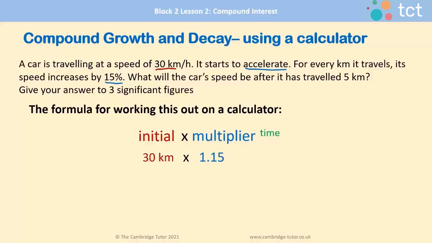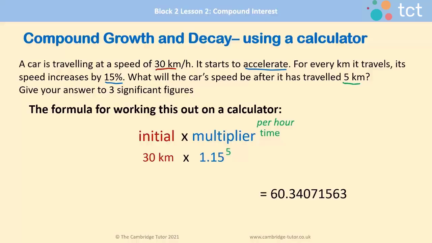With this kind of question, you just need to remember that it's talking about how many kilometres per hour. So the time is implied in that question. So for your power of time, you're thinking about what the car's speed was after it had travelled 5 kilometres. Whatever amount of time that is, the power of time is going to be 5.